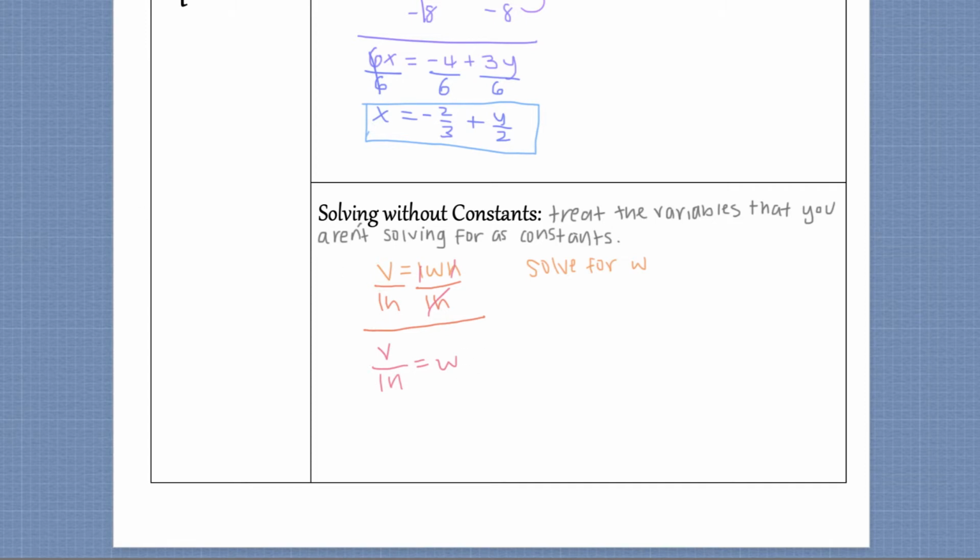So this leaves us with this, where we can now switch around the way this is written, and instead of saying V over LH is equal to W, we can make it easier to read and write W is equal to V over LH. And that will be our final answer.